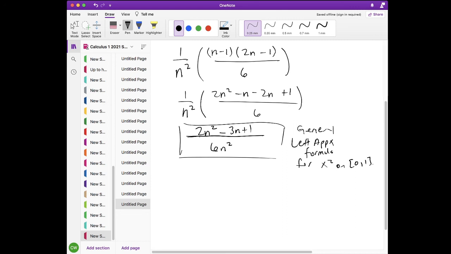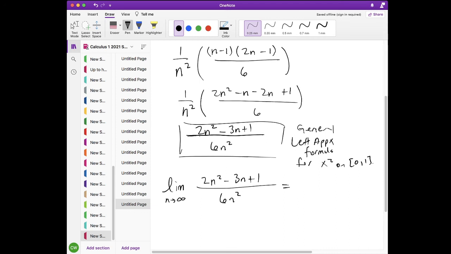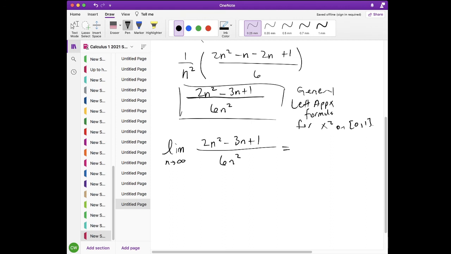Now, what is the limit as n goes to infinity? And then we'll be done. What is that limit? Two sixths, which is 1/3. All right.